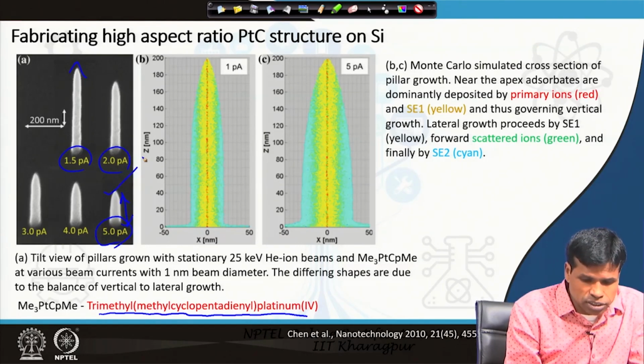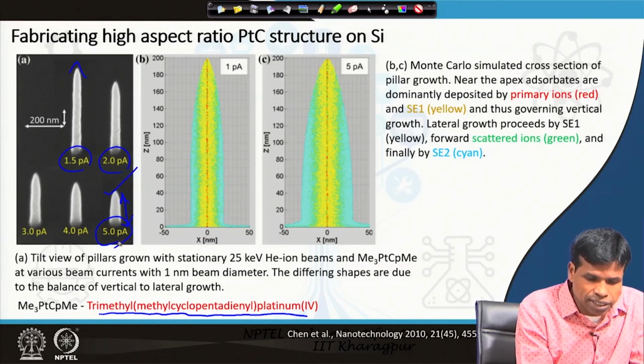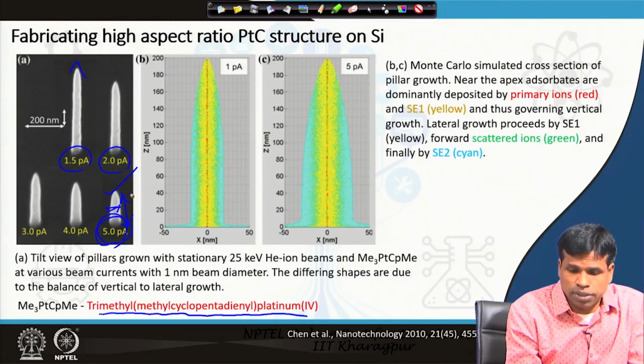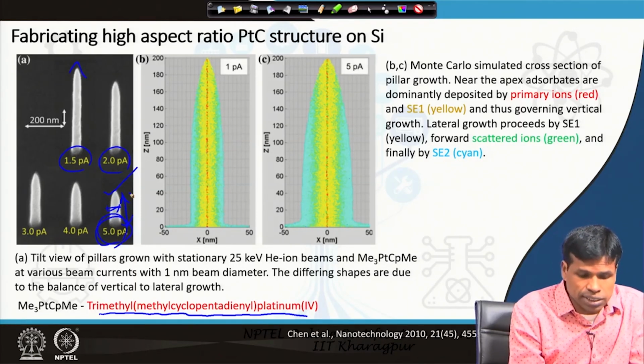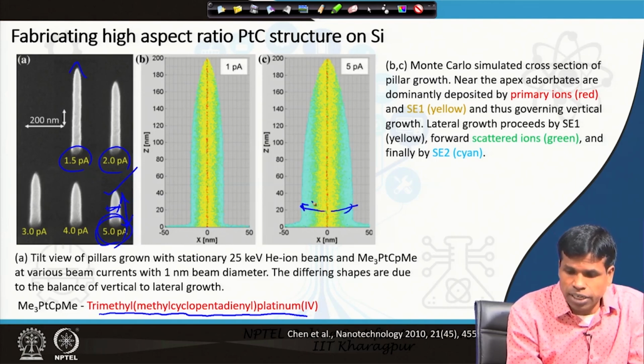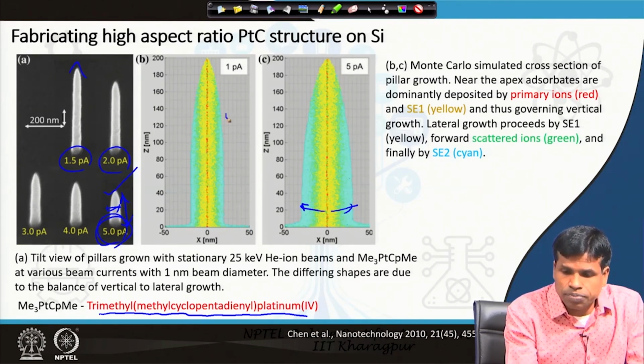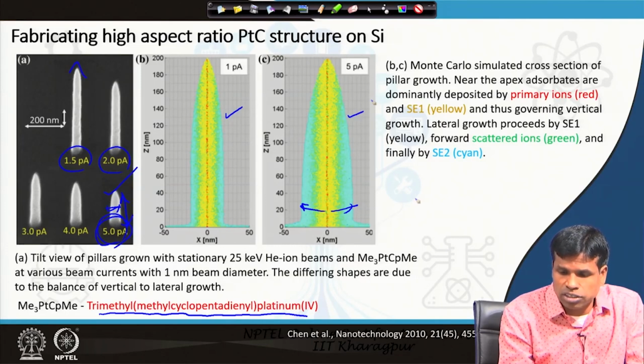Moreover, another thing that happens at a higher beam current is that the pillars have a wider diameter, which indicates that along with the vertical growth, there is also a sideways growth here. So, these are theoretical simulated cross sections of the pillar.